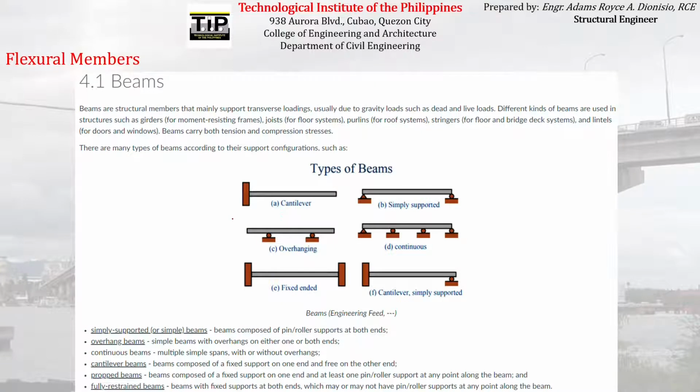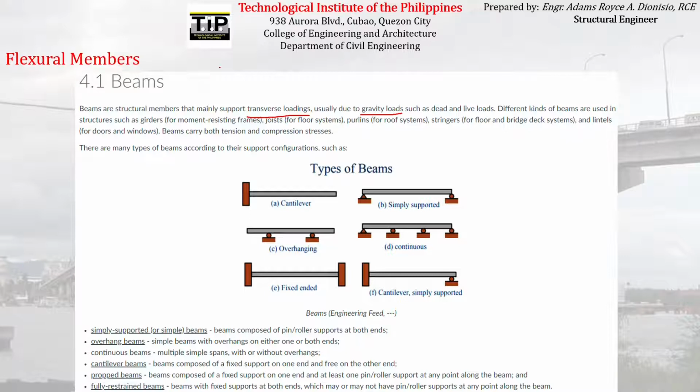So let's start with discussing beams, because just like what I've said a while ago, beams are usually the most common flexural member that we will be encountering in civil engineering. When we say beams, beams are structural members that mainly support transverse loadings, usually due to gravity loads such as dead loads and live loads. This is the main difference between a beam or a flexural member compared to the other members that we have discussed.